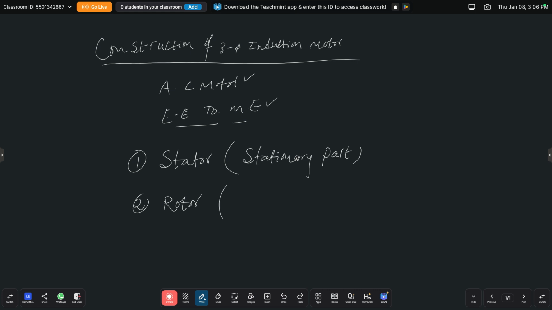This is the rotating part. These two are the main parts of the three-phase induction motor. So first let us see the stator. We will discuss the stator.